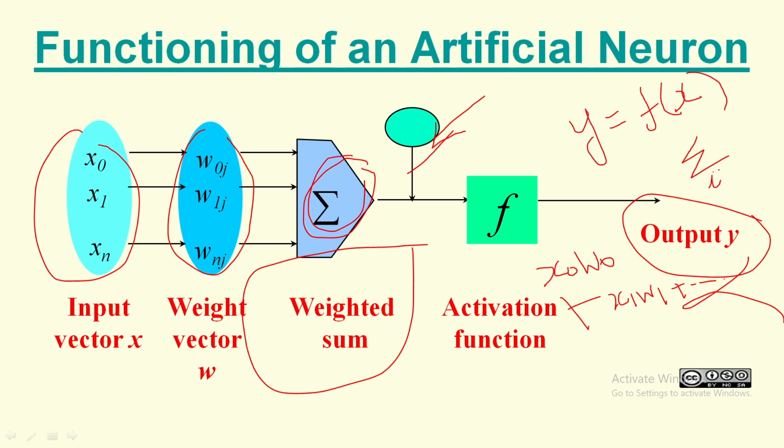Say, if it has n number of nodes, then i equals 0 to n, where you have to calculate xi wi. So the net input is the summation over i equal to 0 to n of xi wi. This is the idea of understanding the functioning of the artificial neuron.